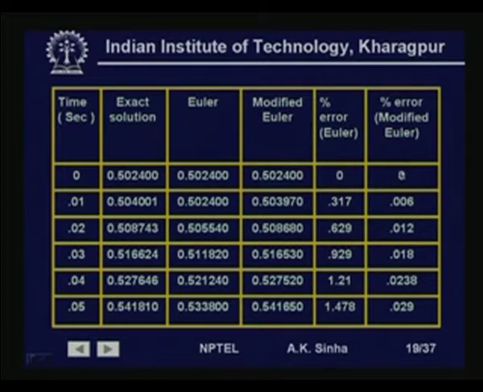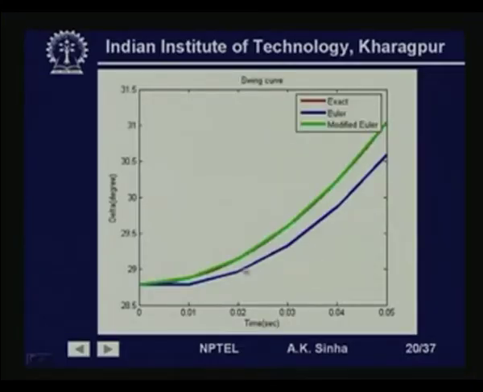Now, if you see here, the modified Euler method is much more accurate compared to the Euler method, where the errors are somewhat larger. The same thing we can see from this graph. If you see the Euler method, the values are coming like this, whereas the modified Euler method and exact method values are very close to each other.